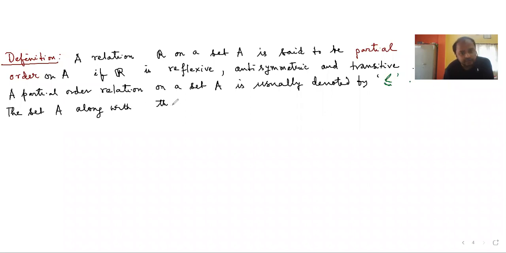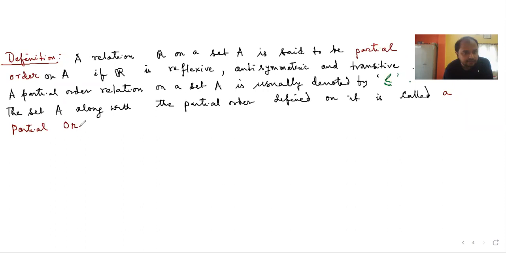The important part is the set capital A, along with the partial order defined on it, it is called a partial ordered set or POSET. Partial ordered set or POSET.